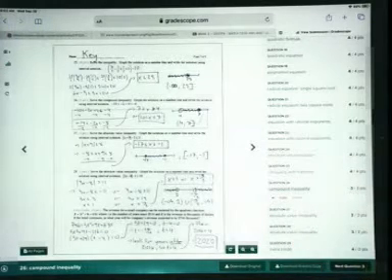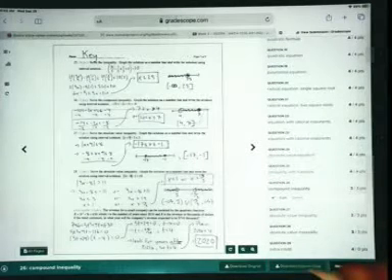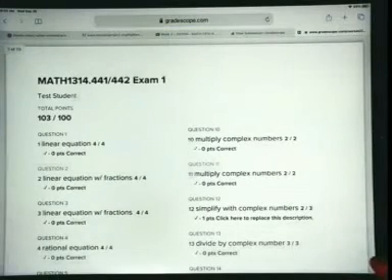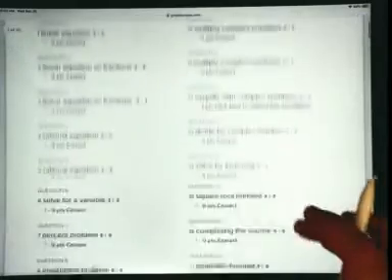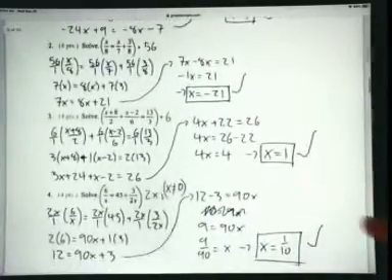Or you can, this is my preferred way to look at things, come down here to the very bottom where it says download graded copy, down here at the bottom. And I like this because after this first initial page, you're going to be brought to your annotated exam. This is what I did.